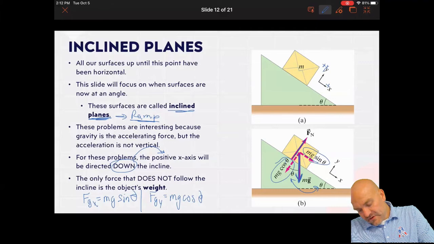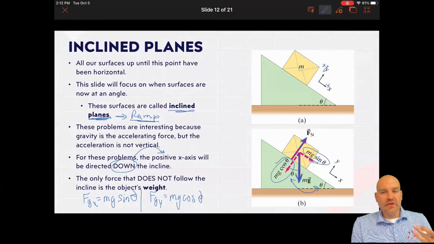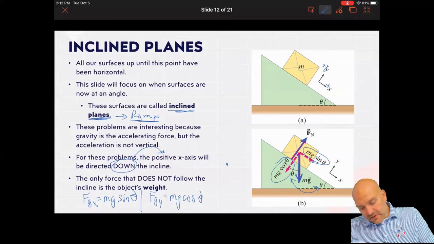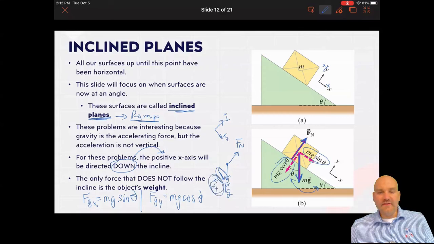The normal force does originate from the surface, but when we draw our free body diagrams, we just connect these two. So I would have a normal force going off that way, and Fg down. With positive x and positive y, the only force that will accelerate the box down the incline is the x component of the weight.